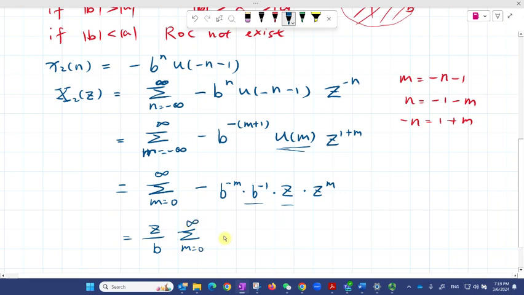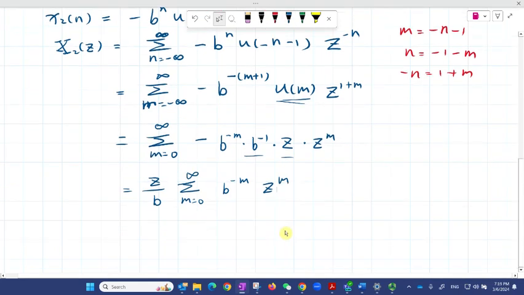Okay, we can start to expand and look at this part.